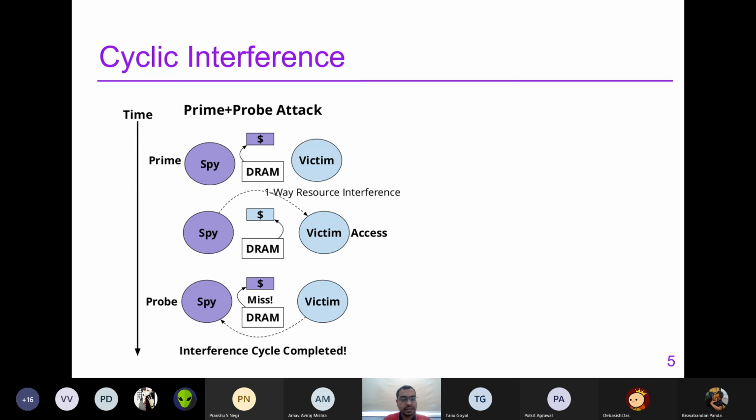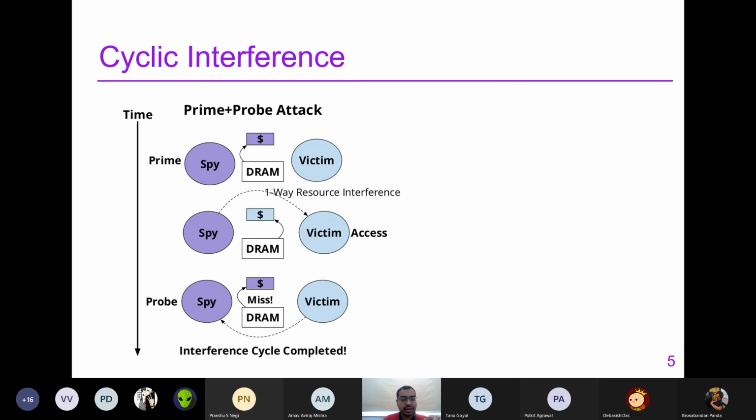Then in the next phase, the victim tries to access the same cache. The spy's data is already there, so the victim's access has to evict it. That means there is some contention created for the victim because of the spy. That is shown using this curving arrow at the top.